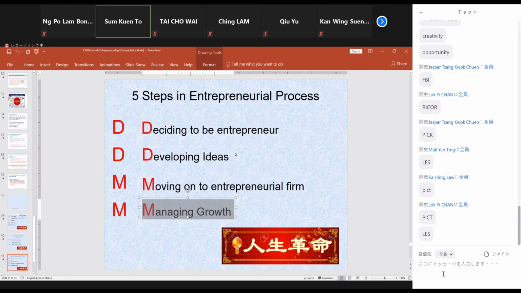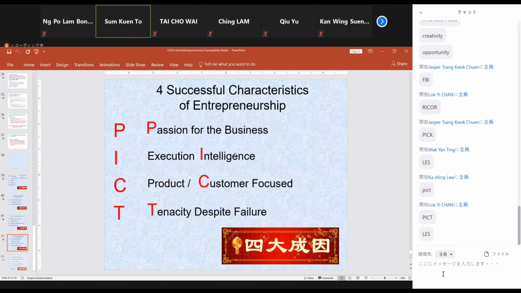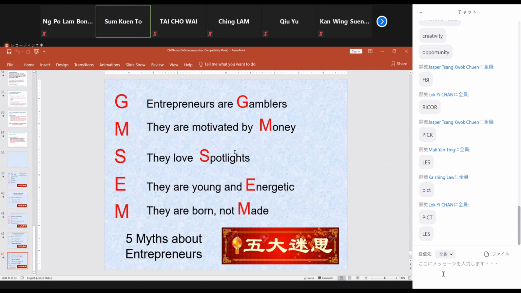So you also learn about LES. You start some firm, it may be lifestyle, salary substitute, or entrepreneurial firm. You also learn about PICT, and of course, you also learn about GMSAM. All right. So these are the key concepts to wrap up chapter 1.